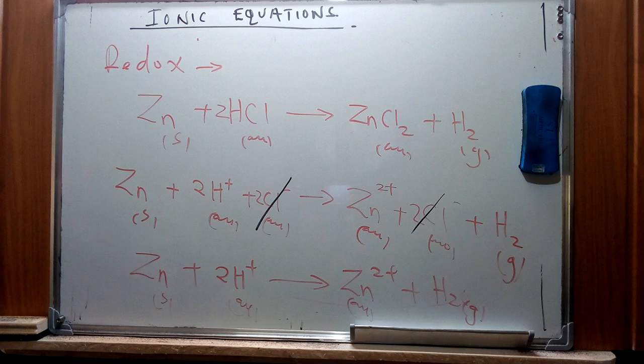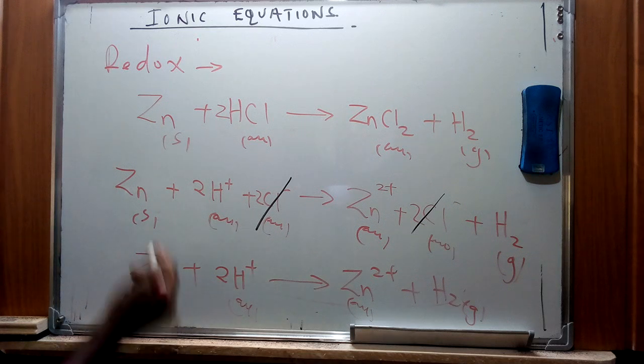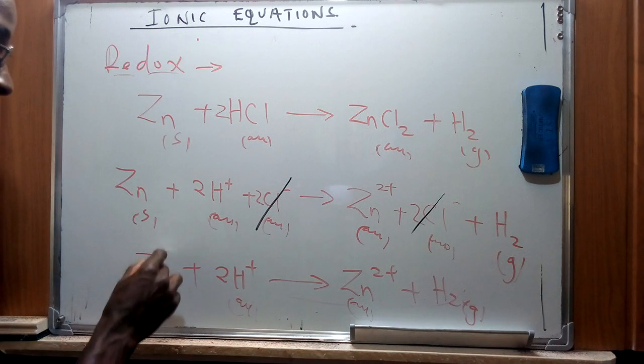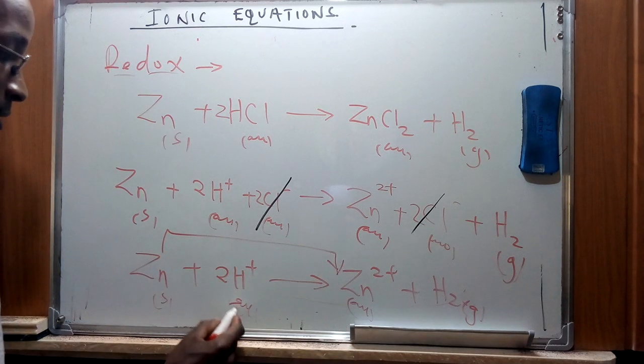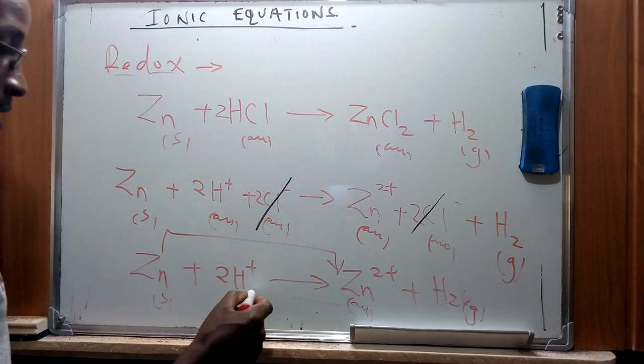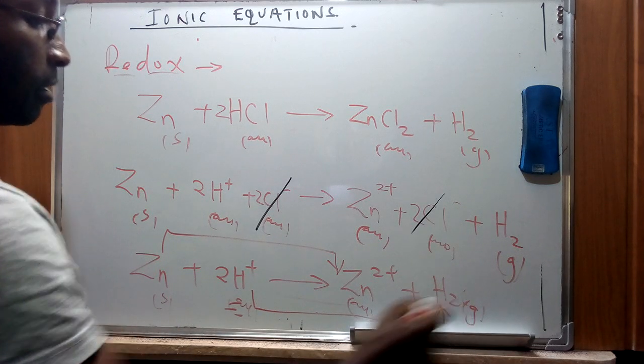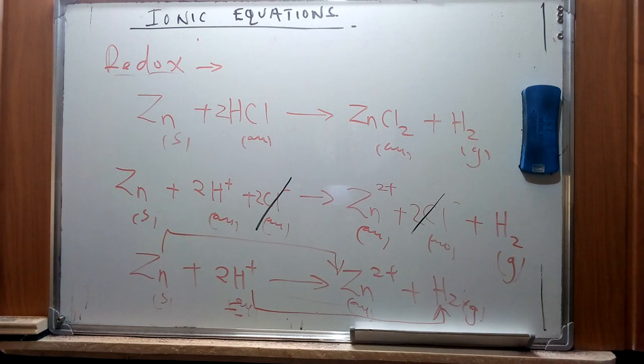So that's an ionic equation that can be represented using that specific method. We're going to use the same analogy in trying to represent other kinds of reactions, maybe a redox reaction like this, a displacement reaction, maybe an oxidation or a reduction reaction. For instance, this one is an oxidation reduction reaction whereby zinc is oxidized by this oxidizing agent and the hydrogen is reduced by this reducing agent respectively.